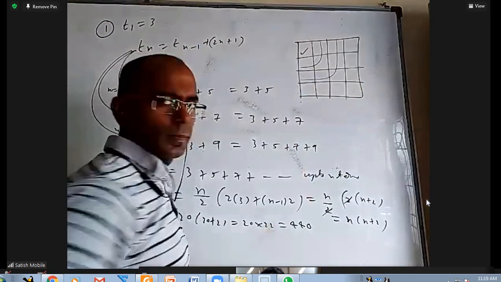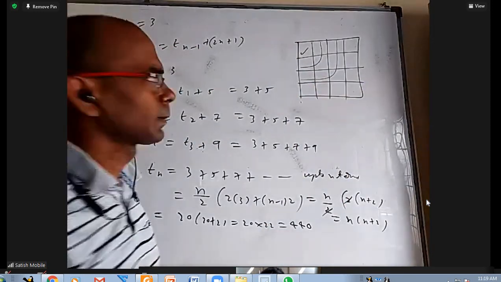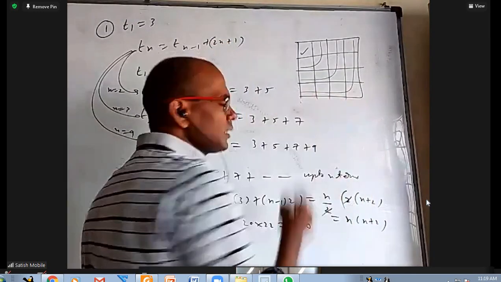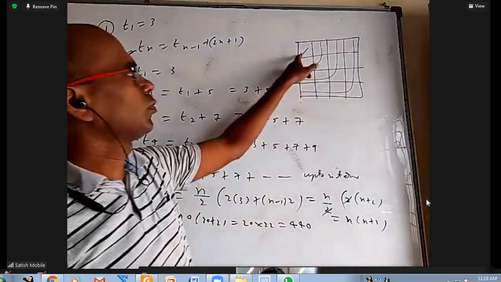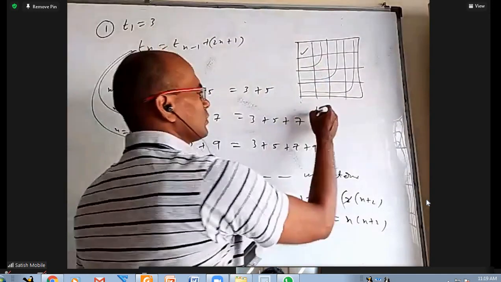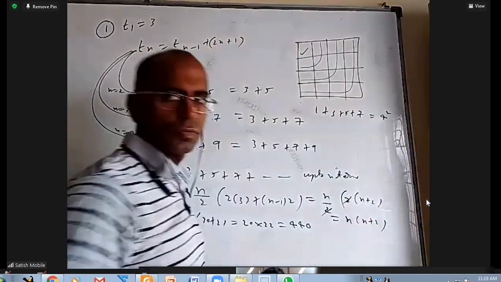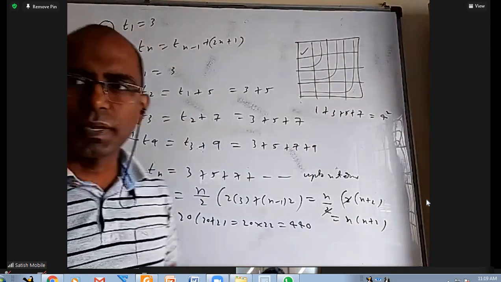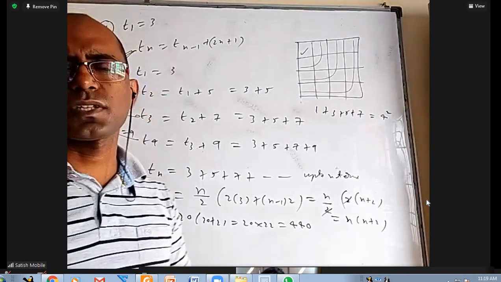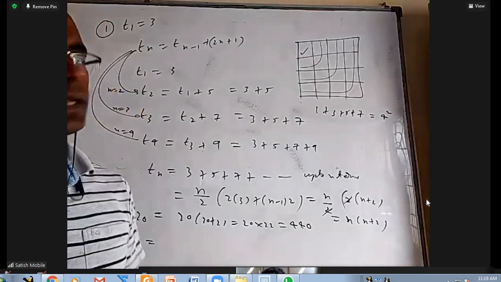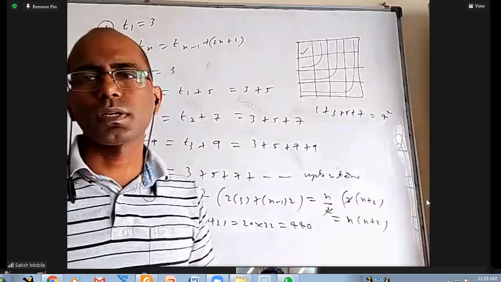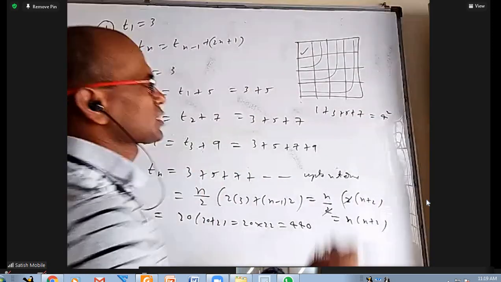These are how many? 5. And these are how many? 7. So 1 plus 3 plus 5 plus 7 is the total number of squares, which is equal to 4 square. So we proved geometrically. If we would have taken n by n grid, we would have got 1 plus 3 plus 5 and so on up to 2n minus 1 is n square. I'm telling all this so that at least we'll remember sum of first n odd numbers is n square.